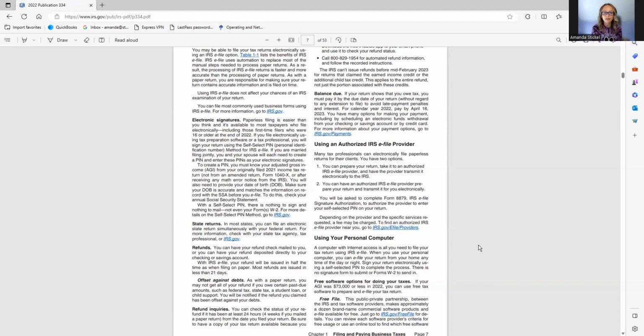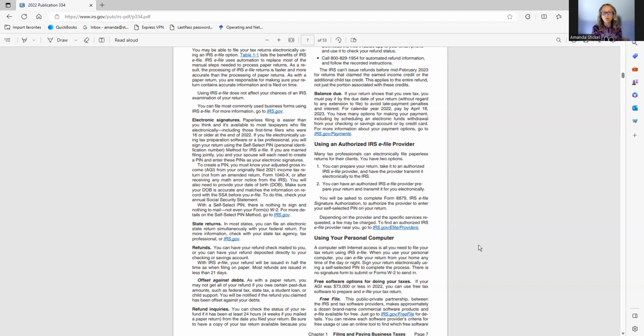Most refunds are issued in less than 21 days. Offset against debts. As with a paper return, you may not get all of your refund if you owe certain past due amounts such as federal tax, state tax, a student loan, or child support. You will be notified if the refund you claimed has been offset against your debts.